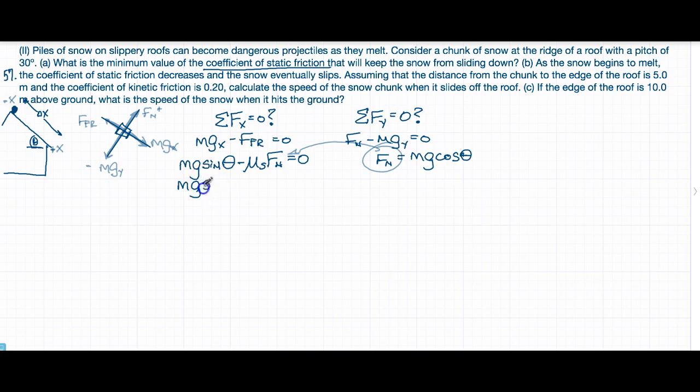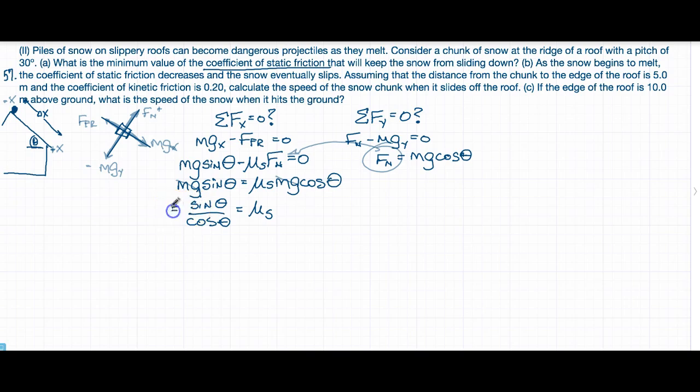This becomes mg sine theta is equal to mu static, and now I'm going to substitute times mg cosine theta. And now you can see that the mg's appear on both sides, and so they cancel. If I solve for mu static and divide both sides by cosine theta, I get mu static is equal to sine theta over cosine theta, which is equal to the coefficient of friction.